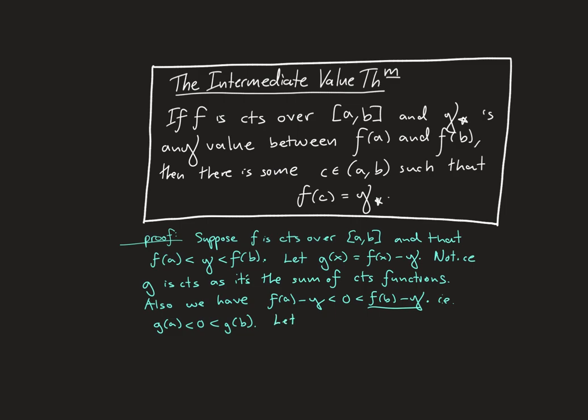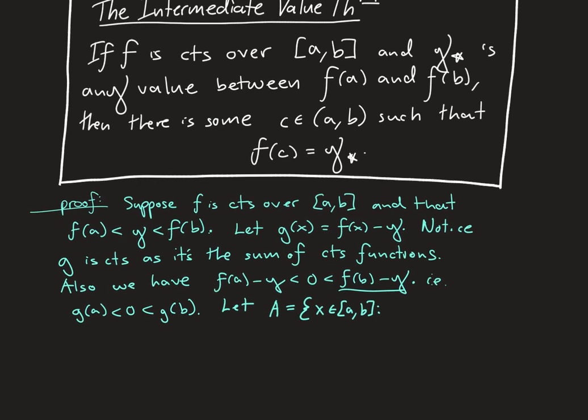Let A be the set of x values in the closed interval a to b, such that g of t is less than 0 for each t in the interval a to x.